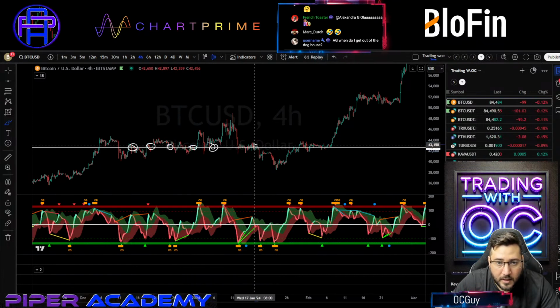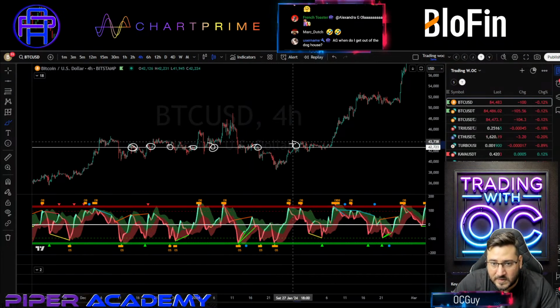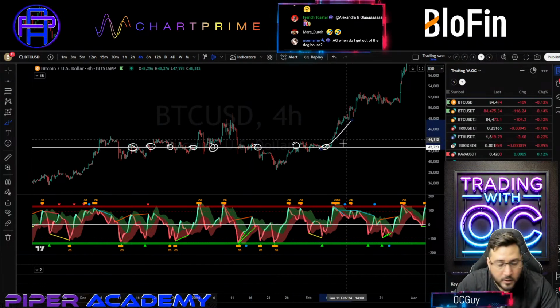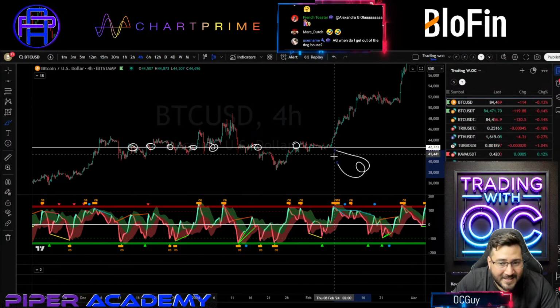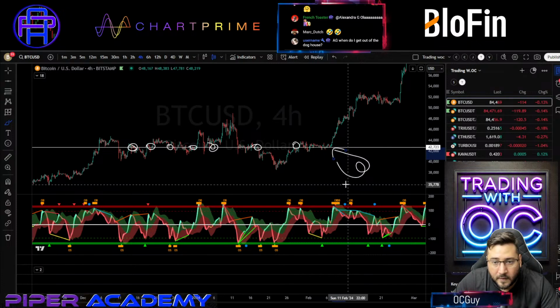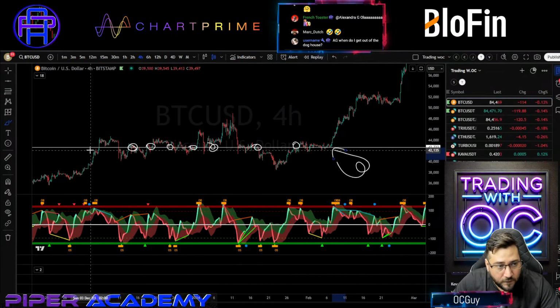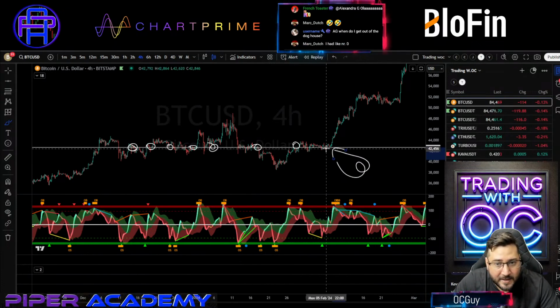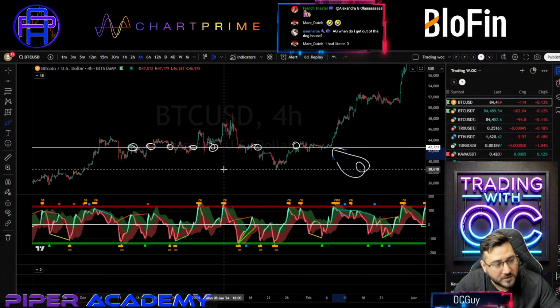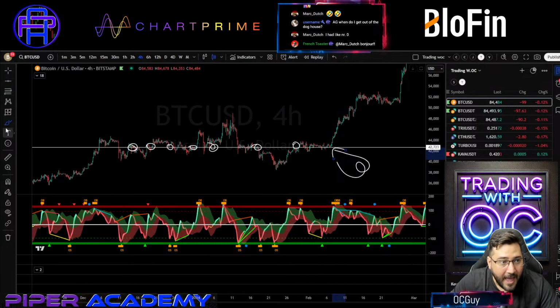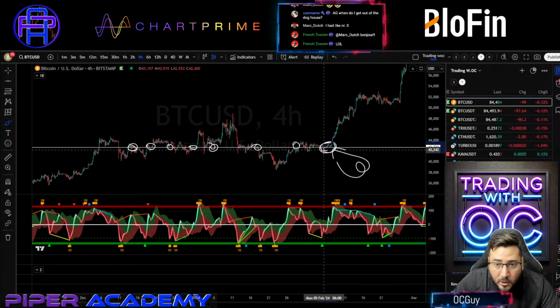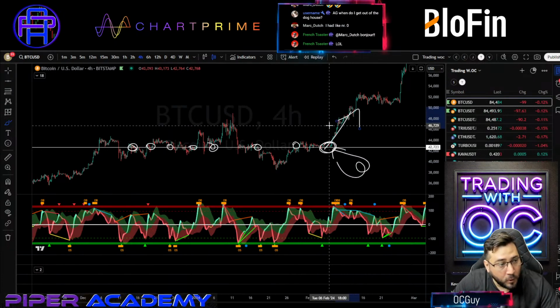Resistance and then support, and now if we go off the median, and usually this is the point that most of us who use this median line of a range as a support or resistance are very interested in, because usually out of those points we take off for big movements.